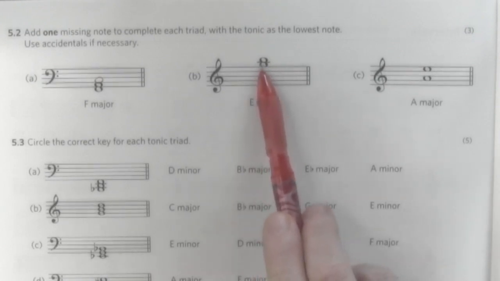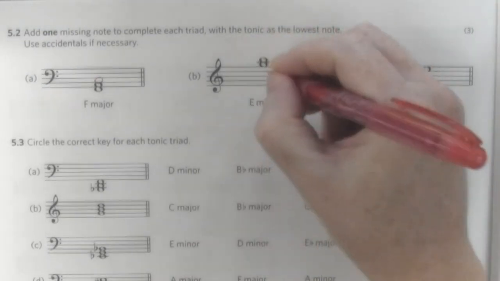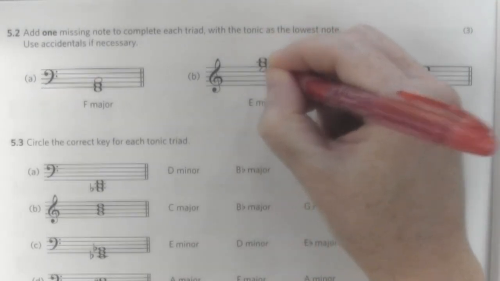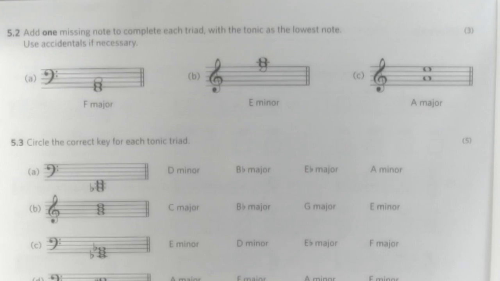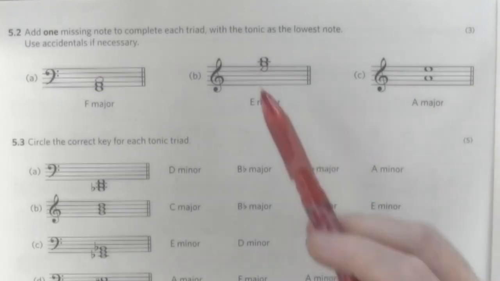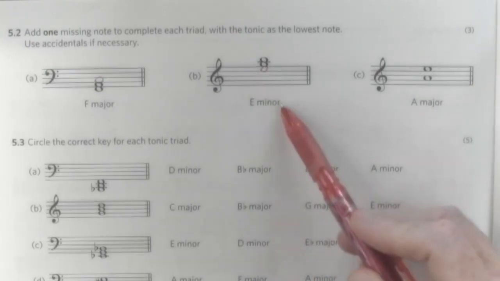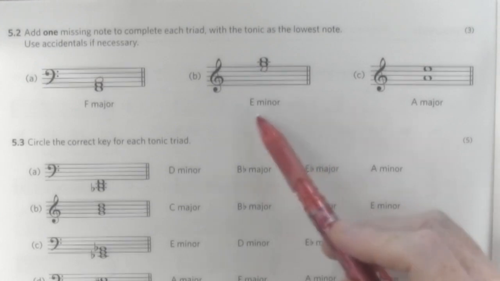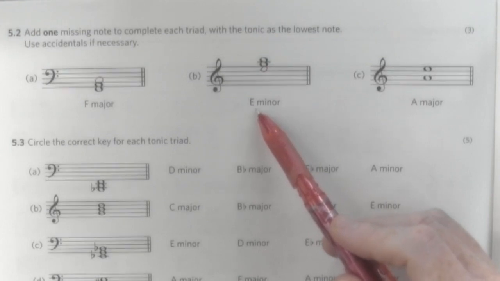E minor. Okay, we are in treble clef. Is this E? No, this is G, so we need to add a note below. In A major, oh, do we need a sharp? No, because E minor has one sharp, and that sharp is F, because it's the relative minor of G major.